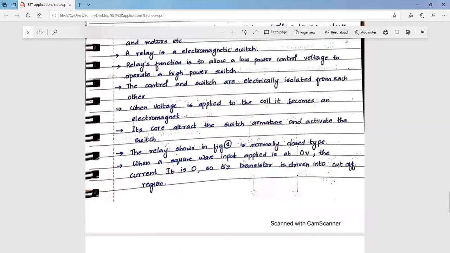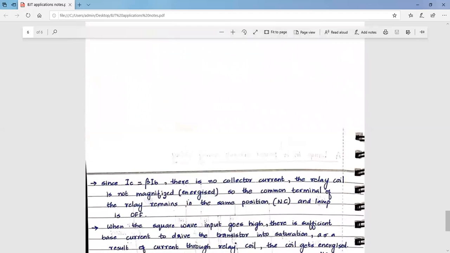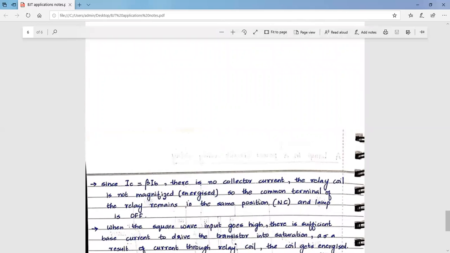When a square wave input is applied, and if you give the input as 0 volts, we know that the current IB is 0. So the transistor is driven to the cutoff region. Since IB is 0, IC, which is beta times IB, will also be 0.